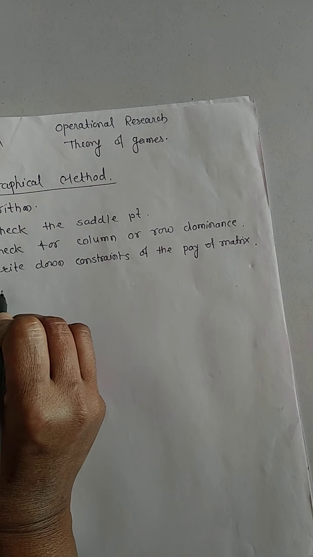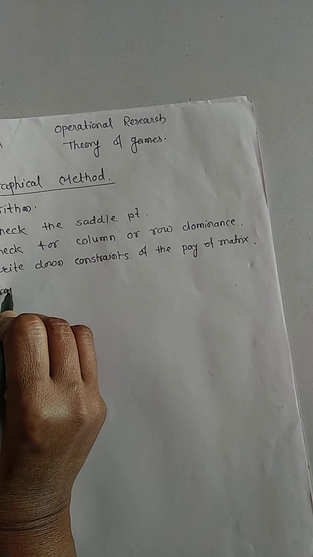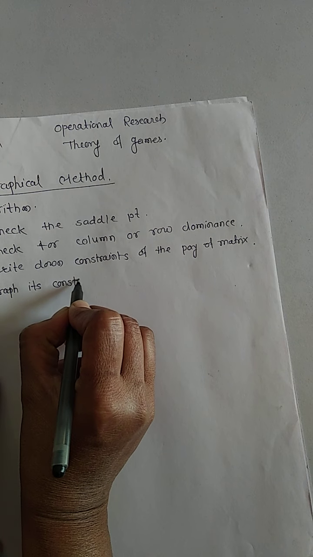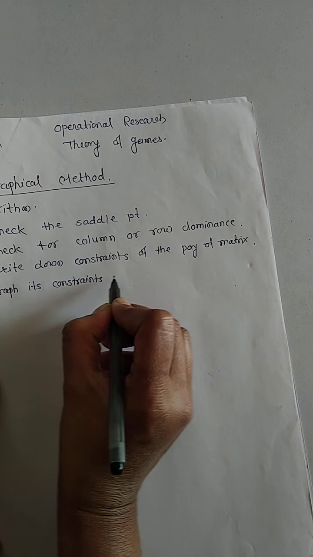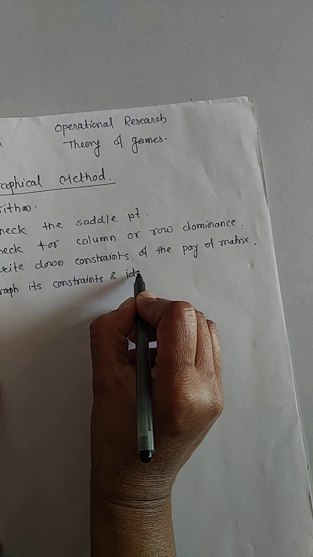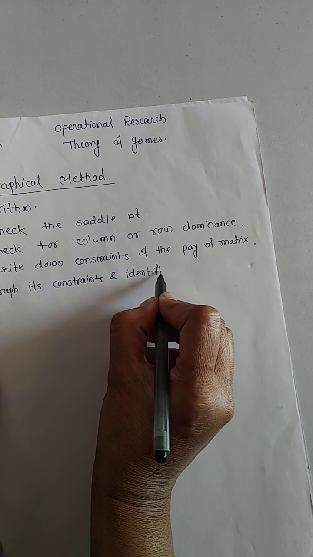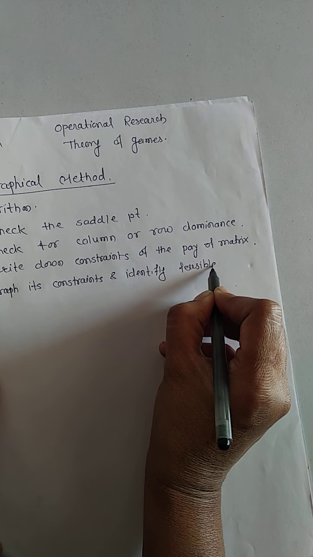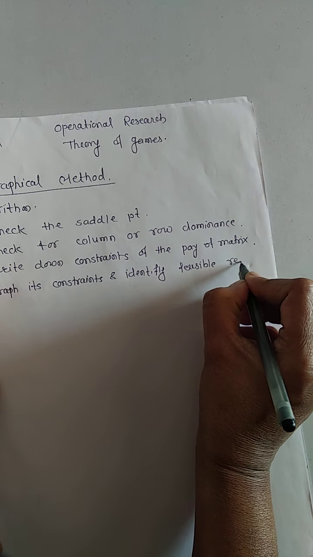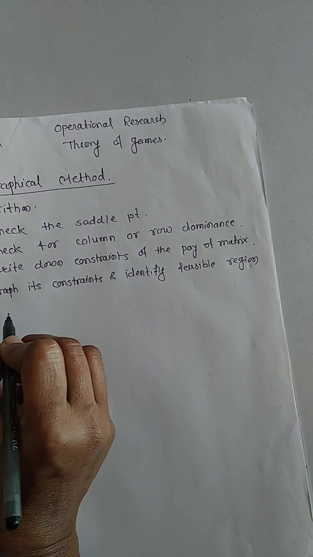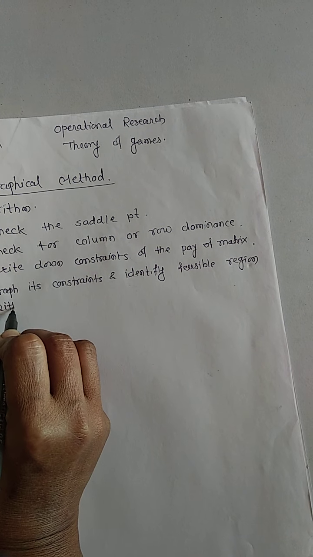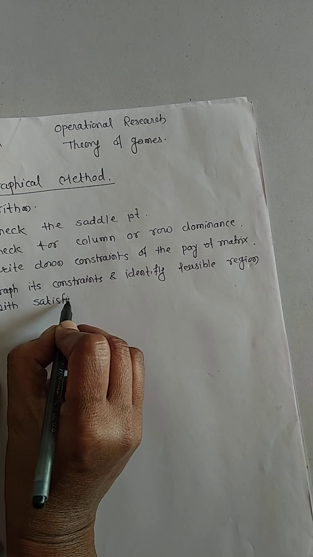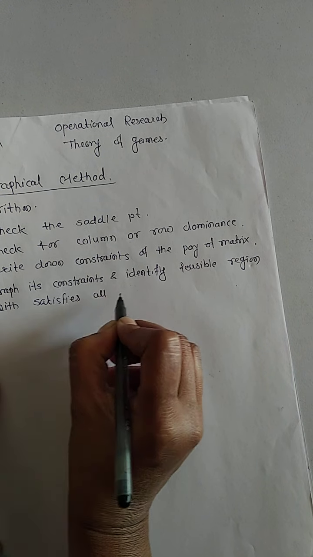In step 4, graph the constants and identify the feasible region which satisfies all constants.